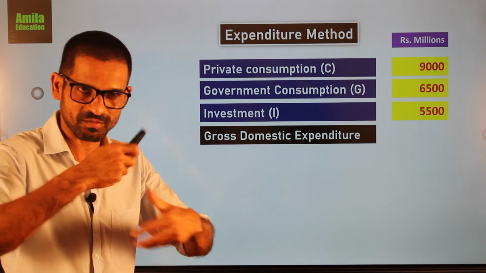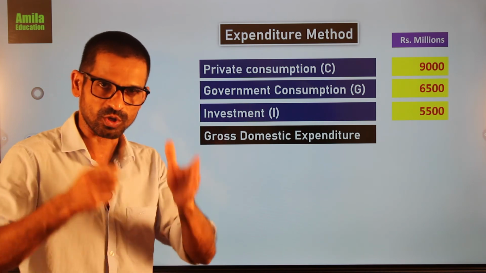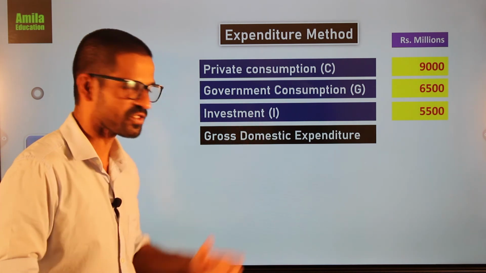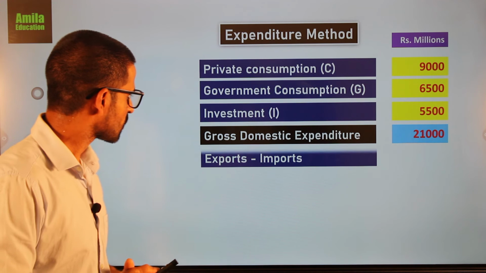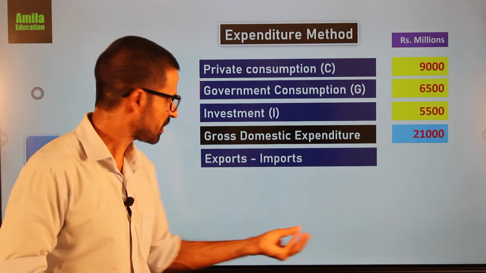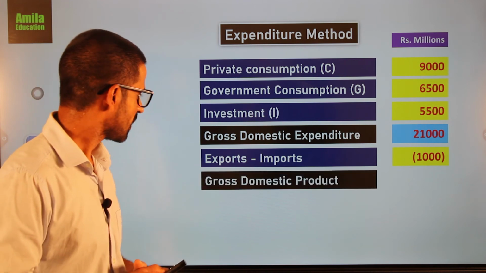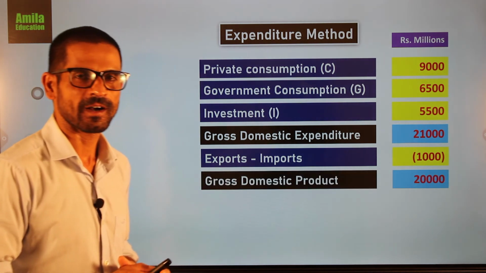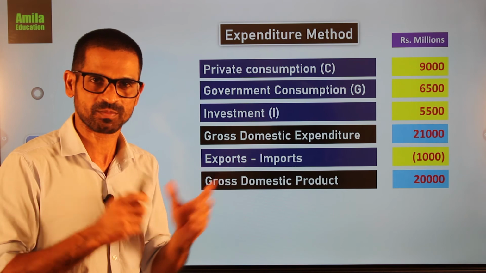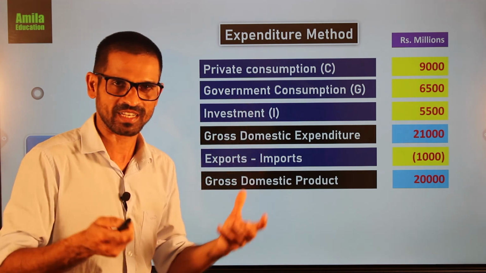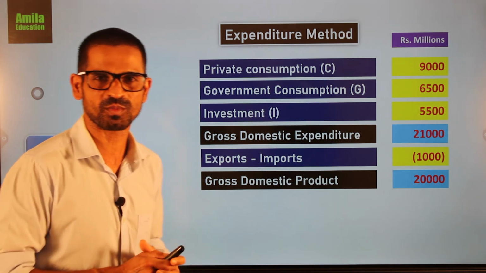This is the expenses made by the domestic agents on both domestically produced goods and imported goods. This consists of imported goods as well. So to calculate the GDP, you have to remove imports and add exports. Then you reach gross domestic product from the expenditure method. So you can see in all three methods we reach the same figure, gross domestic product.